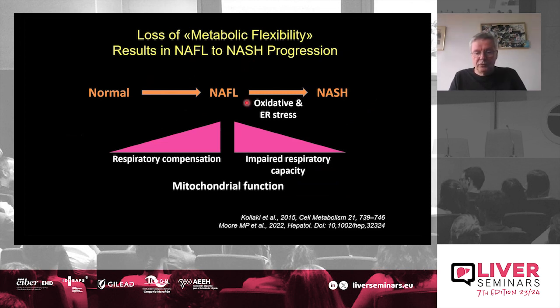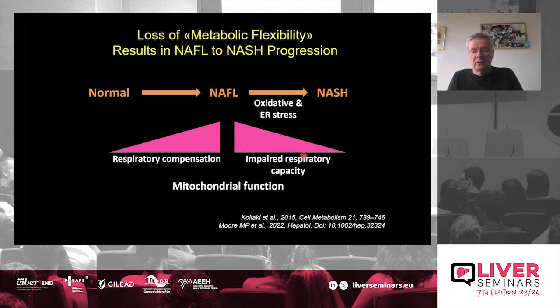And a number of studies have shown that the progression from fatty liver to NASH is actually an incapacity of the liver to further adapt its metabolism due to the environment, the fat accumulation, to such a stage that there is a development of oxidative and ER stress and an impaired respiratory capacity.